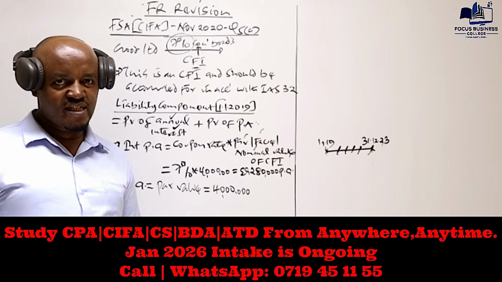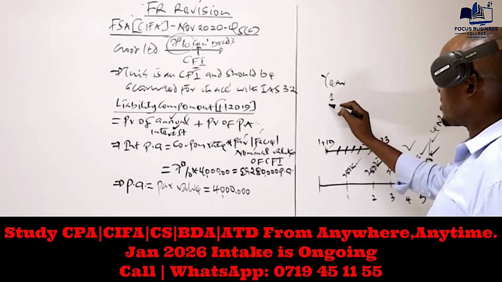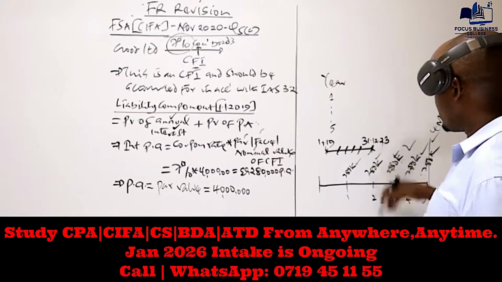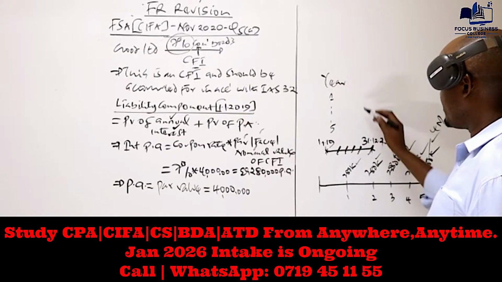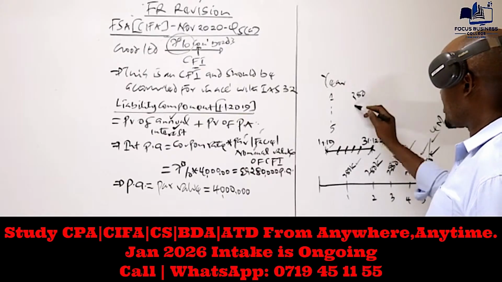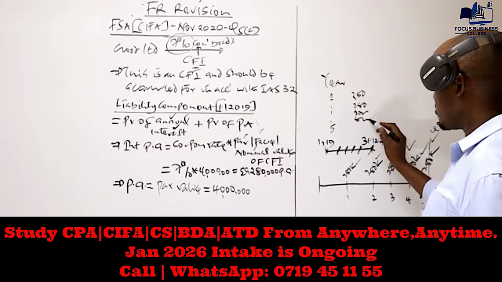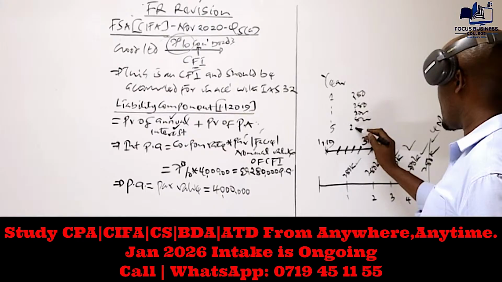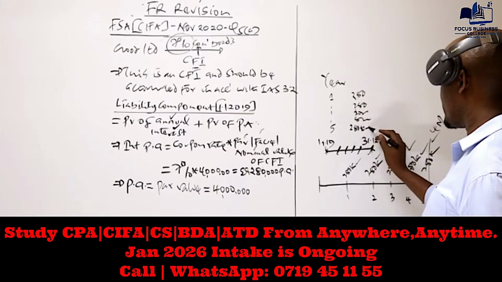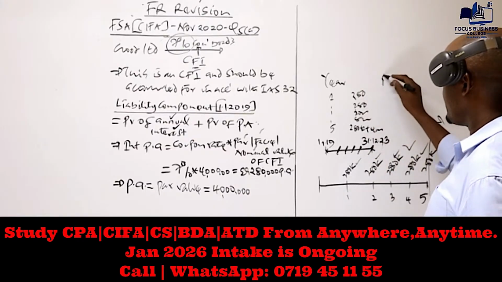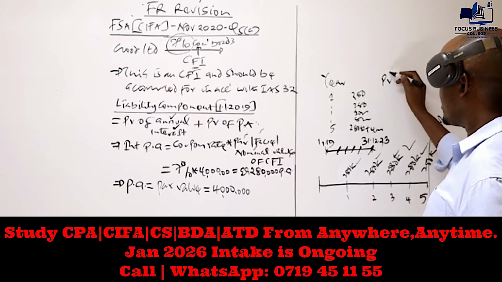There is no way we use that information here. From year 1 all the way to year 5, you have this amount to be paid. Year 1 to 4 you have 280,000, but in year 5 we will have 280,000 plus 4 million, and then you discount this by multiplying with the present value interest factor.